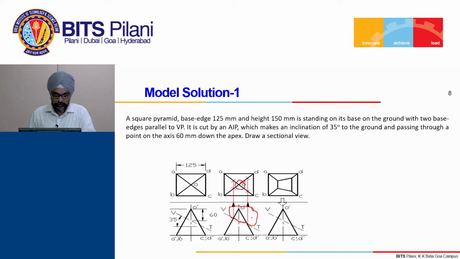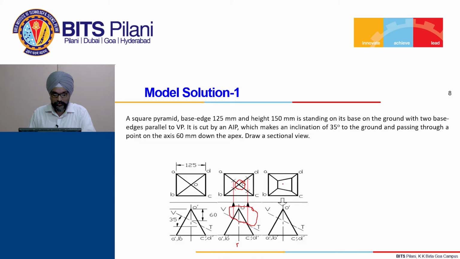So this portion which is enclosed here is assumed to be removed. Note that in the front view, where the section plane is located as a line, the portion is actually not removed, but it is assumed to be removed. And in the other view where the section will appear, there it has to be actually removed.